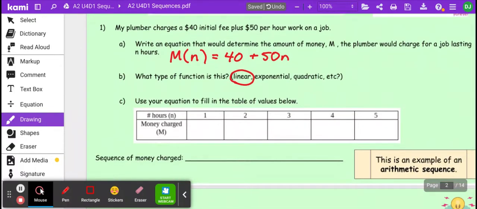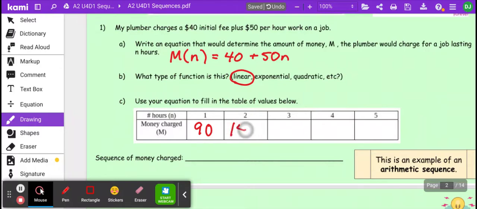So if you look at the table, for 1 hour, and again, you could put this in your graphing calculator and get the table, but it's pretty easy if you substitute 1 in for n and get 50 plus 40. So for the first hour, I'm going to have to pay 90 bucks.